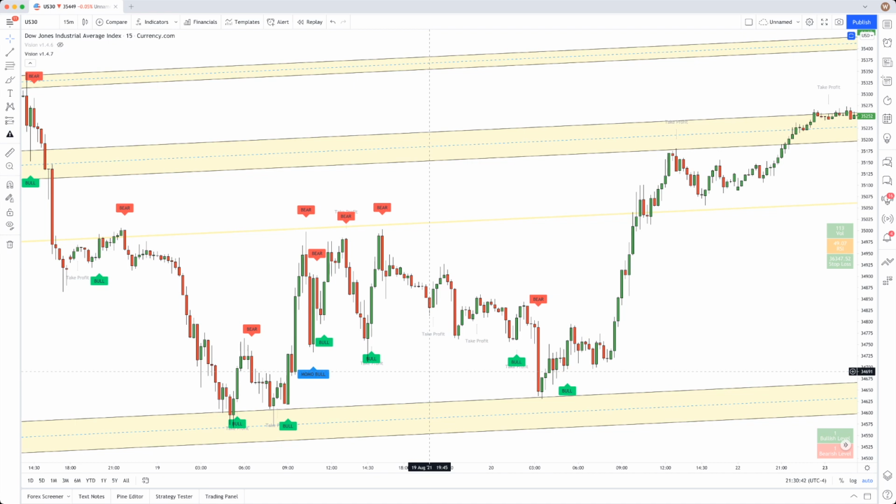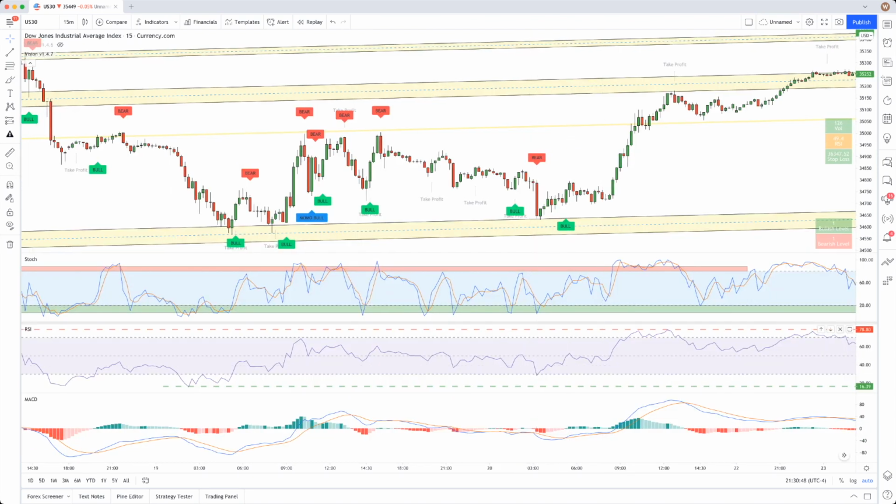I like to get in a little early because I'm scalping. If I see a low RSI and everything is matching up and I start to see it flash, then I'll probably jump in. I'm only looking for 5, 10, 15 points. If it goes more than that, cool. If it doesn't, cool. I'm still getting out with at least 25, 50, $100.